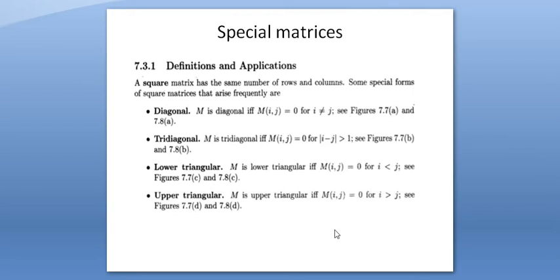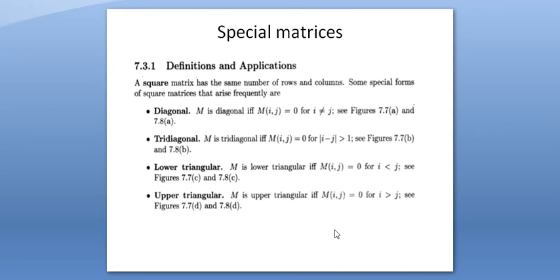In tridiagonal, which is 3 diagonals, we have a main diagonal with elements. If we consider a 4 by 4 matrix, the element indexes would go from 1 1, 2 2, 3 3 and 4 4. They will be our diagonal elements. Over here we will not begin the index position from 0 0.